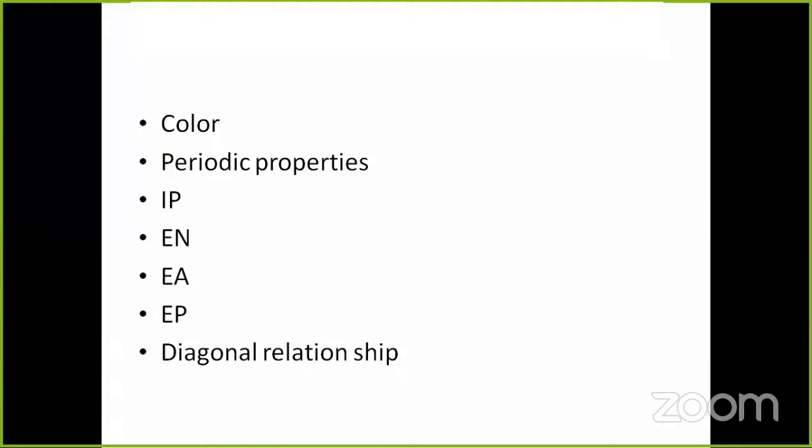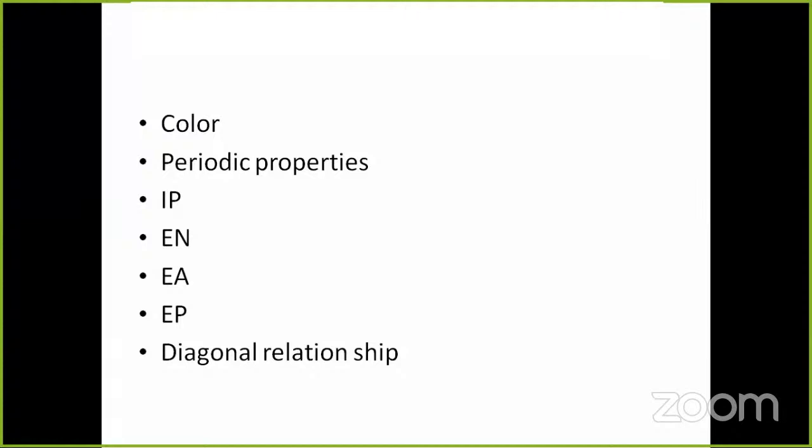You know the definition of ionization potential, and how it changes in a group and in a period; electronegativity, attraction of electrons towards the nucleus; electron affinity; electropositivity; and diagonal relationship. This property is applicable to the first, second and third groups only. I will explain the detailed information about diagonal relationship later. So these are the periodic properties.